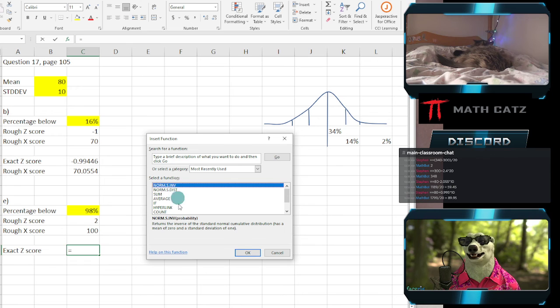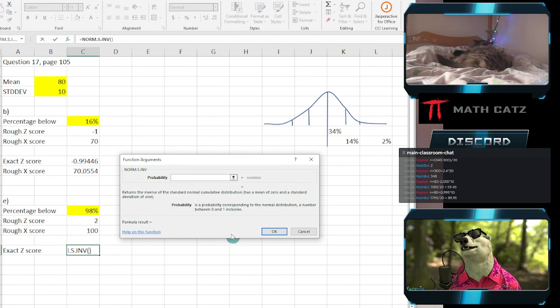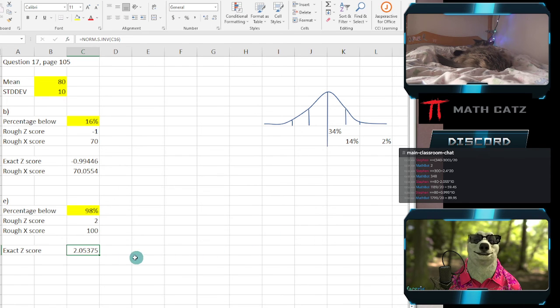That's not what I have. I have a probability as input, and it gives me back the z-score. Okay, that's what I want. And I can put in here 0.98, or I can just reference that cell. It's the same. You can verify that it's the same by way of the preview answer it gives you here. It's a little small, but it's there. And I get an exact z-score of 2.05 and some other decimals.